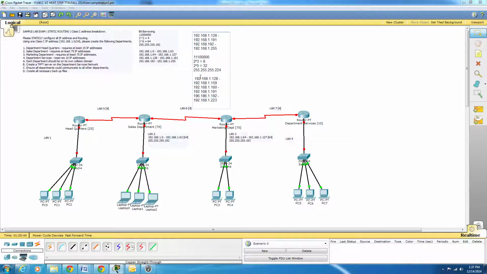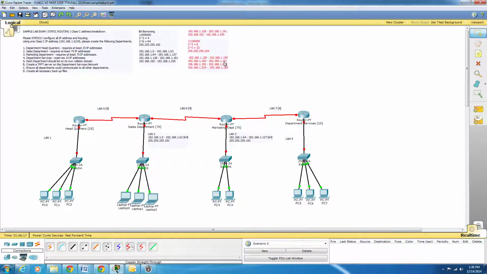And the last block of IP addresses would be 192.168.1.224, and that one will go all the way to 192.168.1.255. And those will be your 4 blocks of 32 IP addresses.